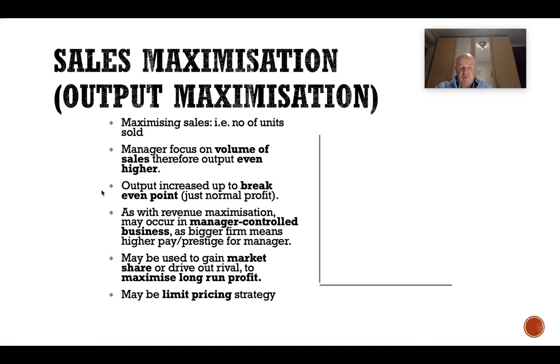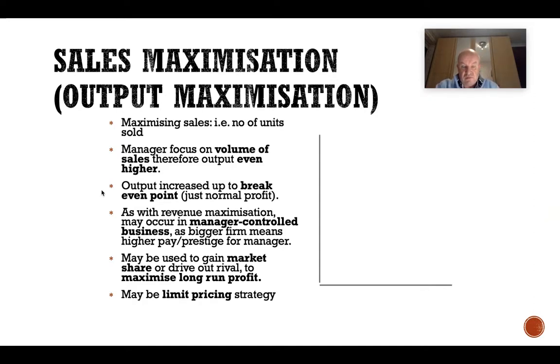And as with revenue maximization, that could occur within a manager-controlled business to a much larger degree, where again they've got more incentive because they're going to get higher pay, etc. It can also be used where we're looking to generate higher levels of market share, or to drive out a rival from a market, and also possibly to maximize long-run profit, because this could be what's known as a limit pricing strategy.